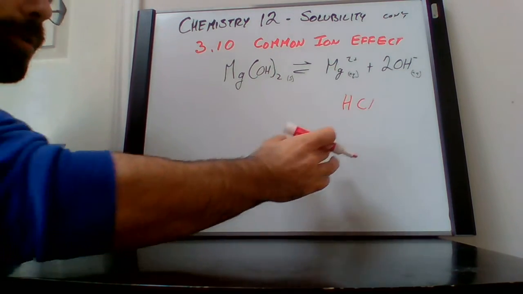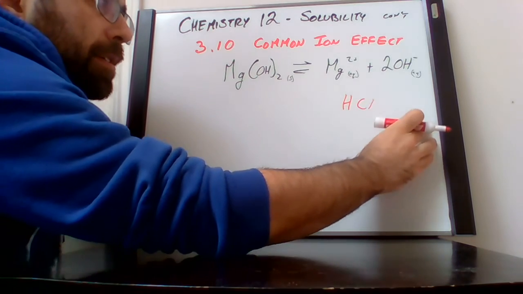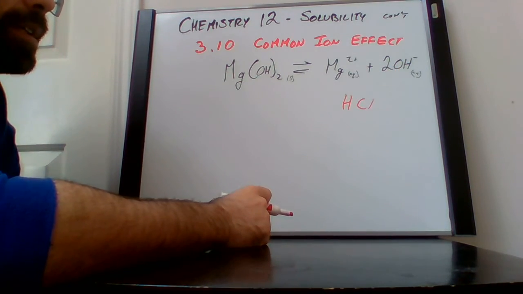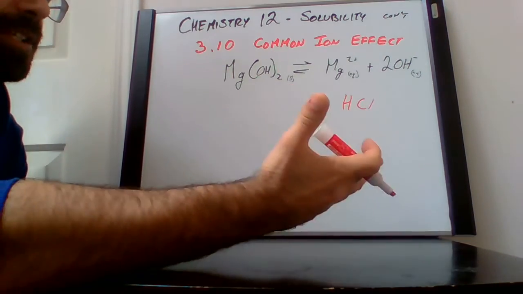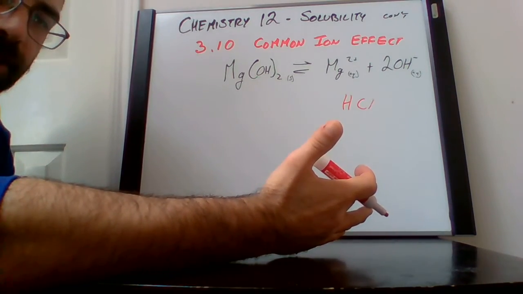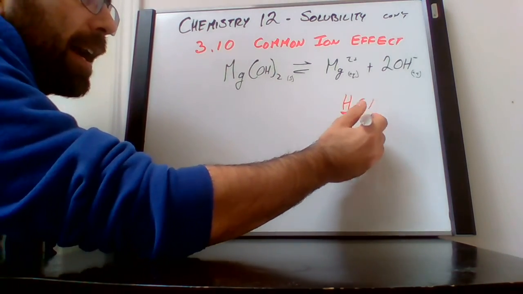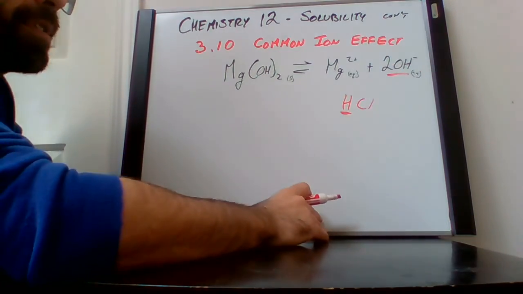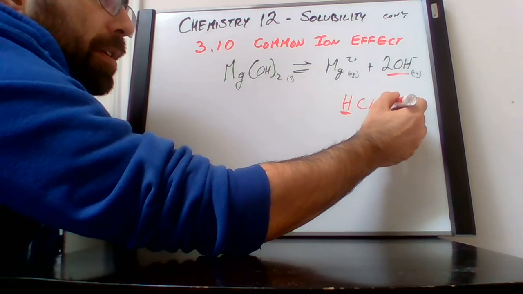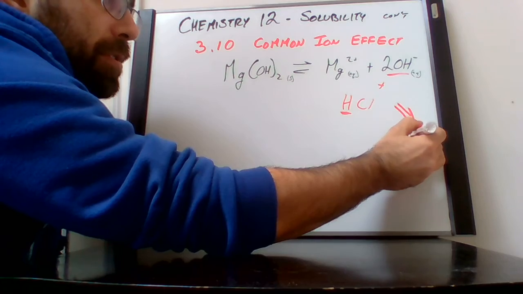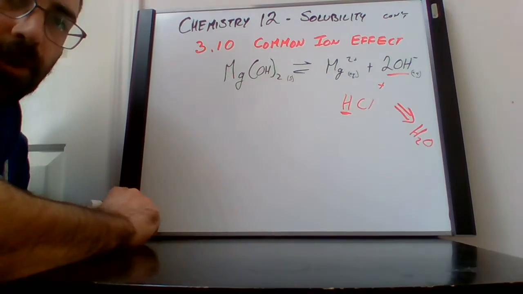Neither one of these ions is necessarily in solution here, and the chlorine mixing with the magnesium is going to be soluble, so that's not going to have an effect. However, it's the hydrogen that we've added in that's going to combine with this OH minus. If I add those two together, I'm going to produce H2O.